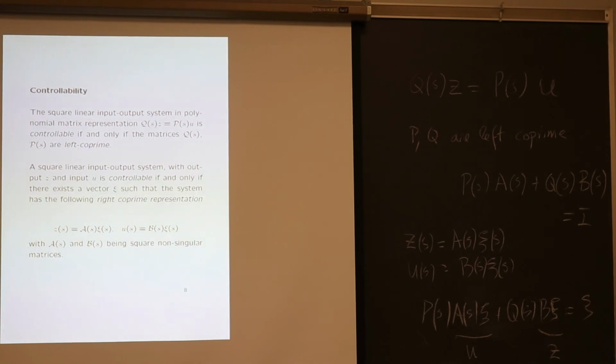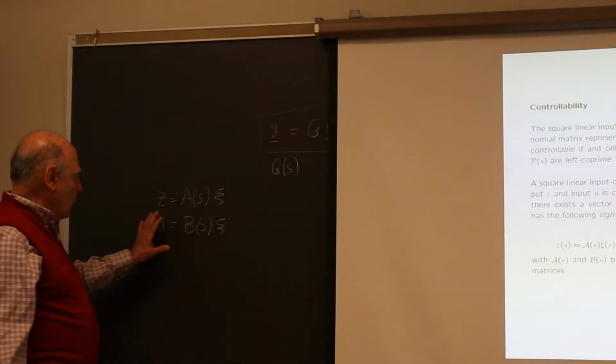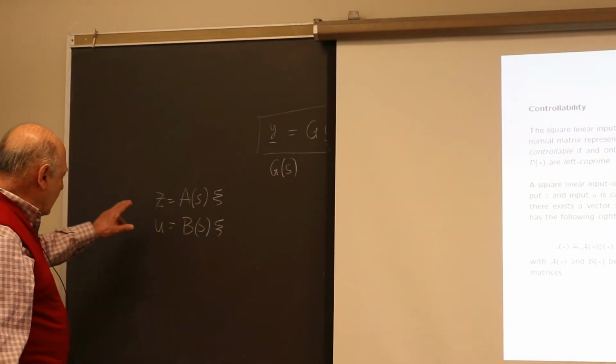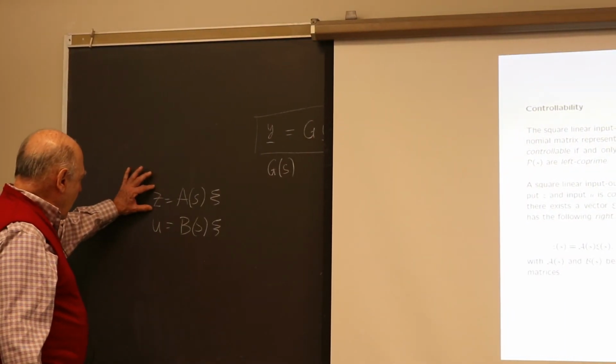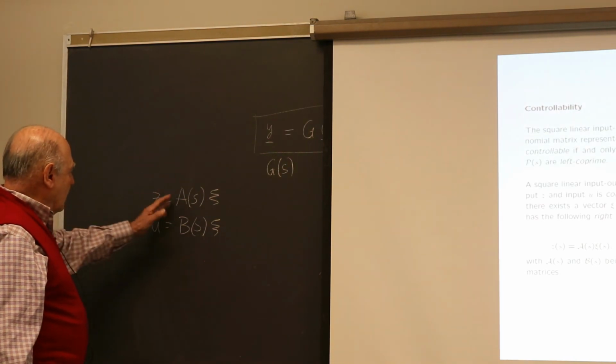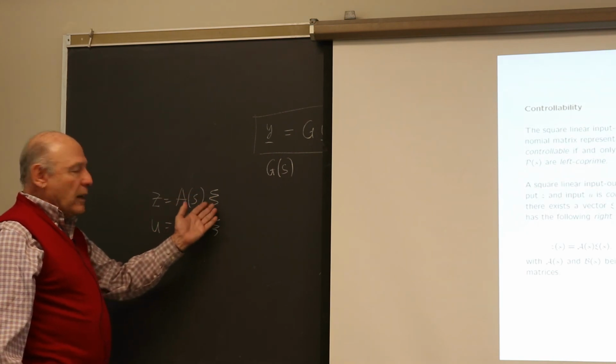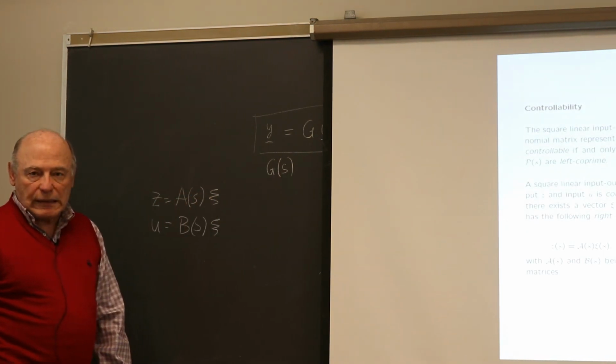And this c will play an essential role in the system description, because what it says is that y is a vector of elements, the outputs, that can be put as a set of differential expressions on the components of c.